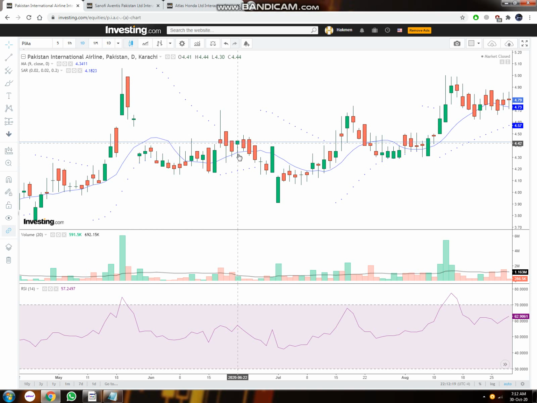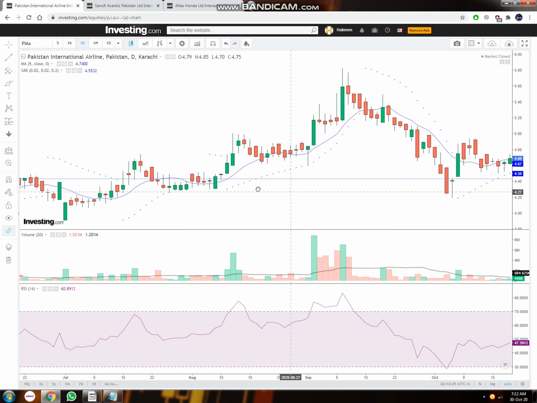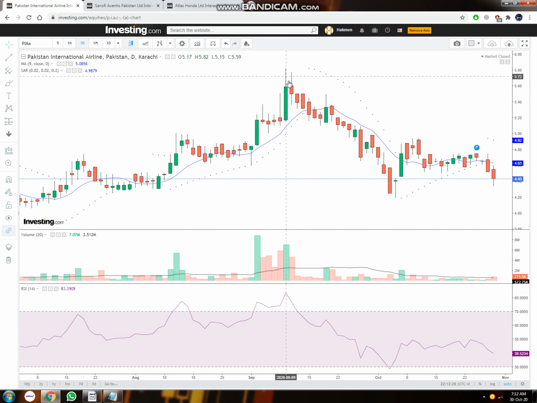You can see that they opened far below the previous one, and the market traded that way. Again, at this bullish candlestick, it did the same thing. This was quite a fight.